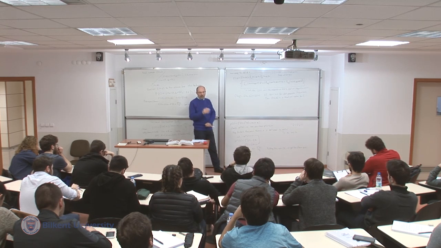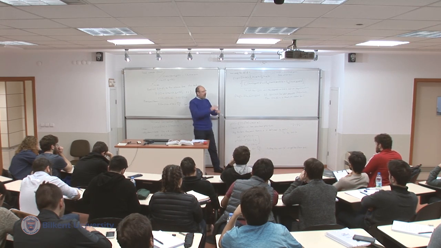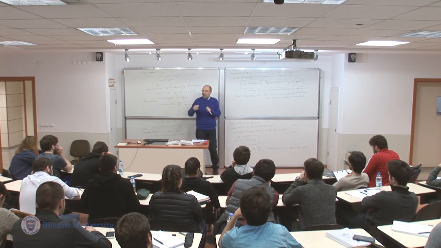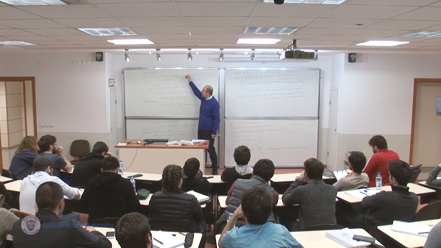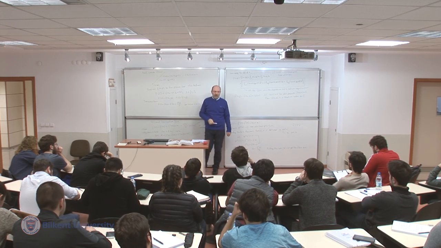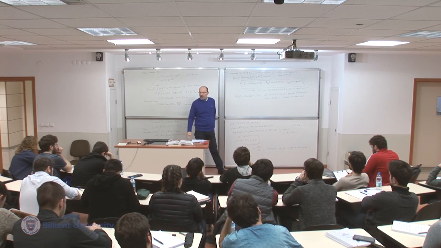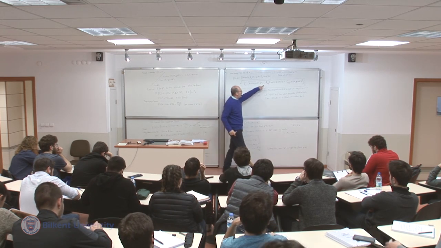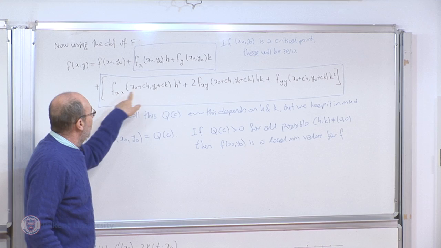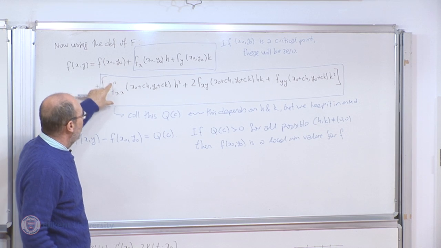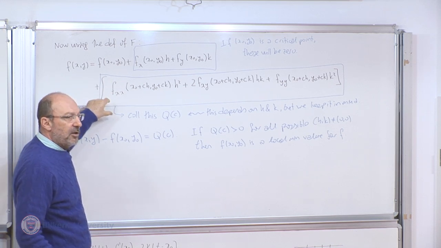I cannot tell the sign of this directly, but since everything is continuous, you see, I need everything to be continuous. So in the beginning, I put conditions like this. When I start this claim of the second derivative test, I say f is a nice function. It has continuous partial derivatives, so I was able to write this. The partial derivatives are all continuous, so I can say that the value at this point is close to the value at nearby points.